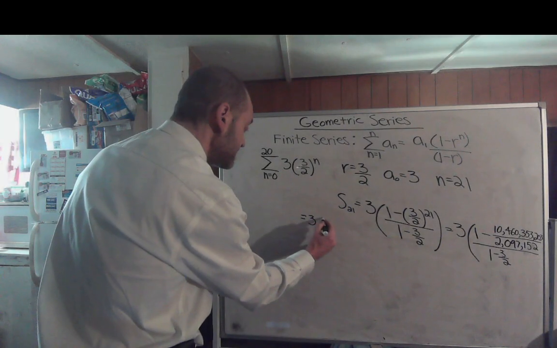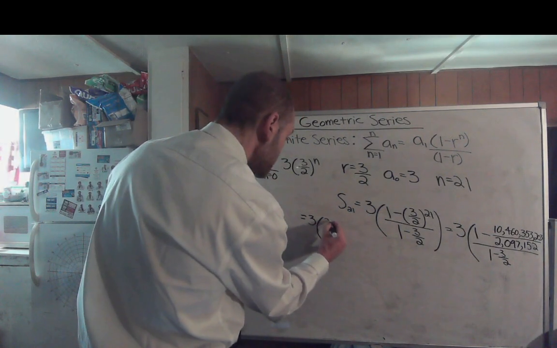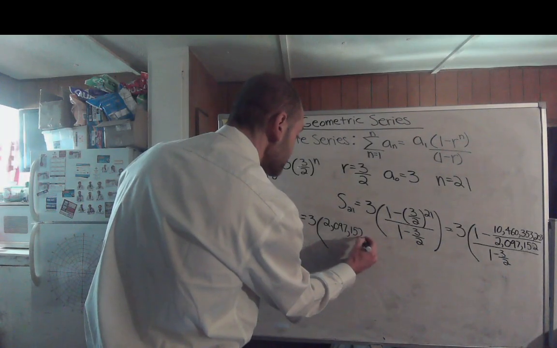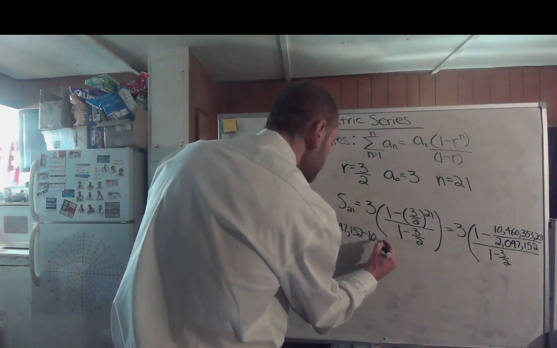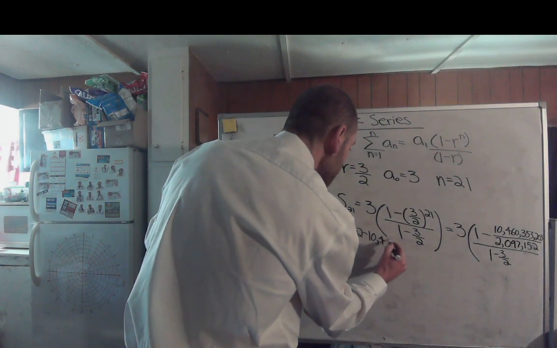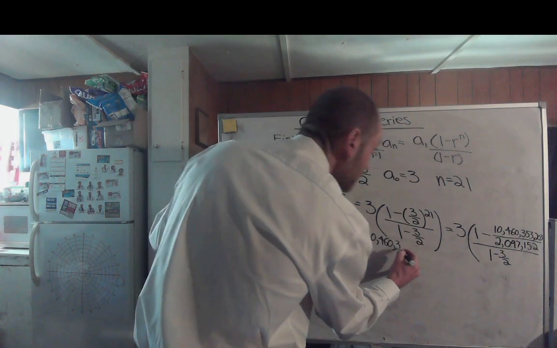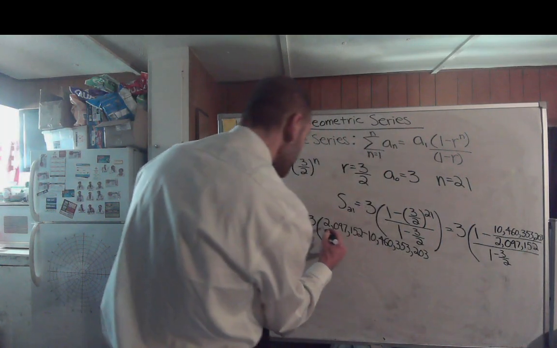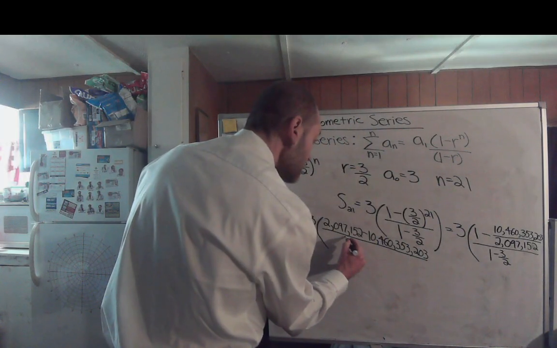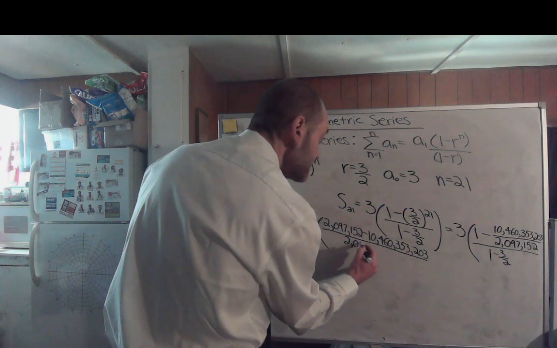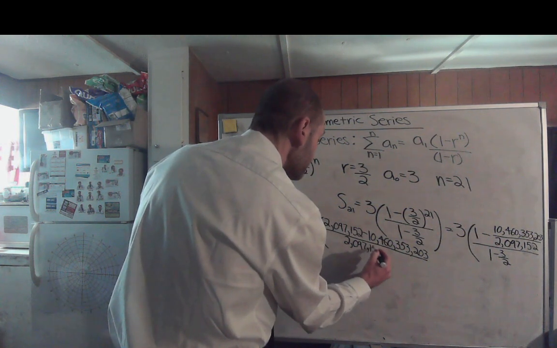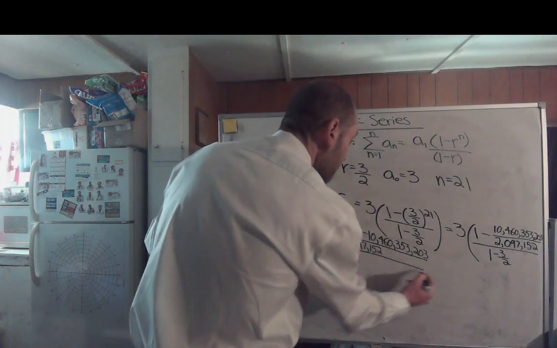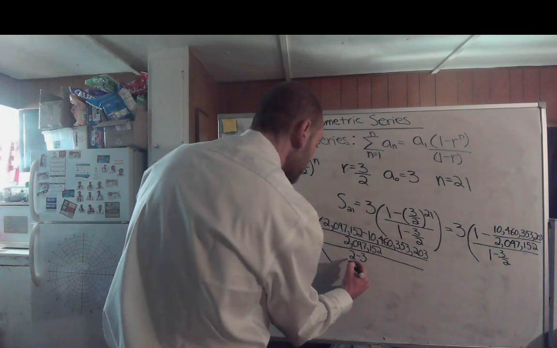You'll have 3 times 2,097,152 minus that 10,460,353,203 all over 2,097,152 all over 2 minus 3 over 2.